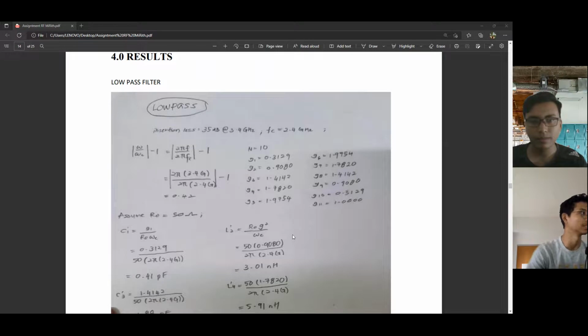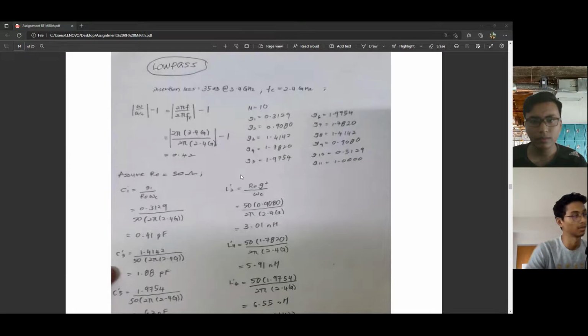For the calculation for the low pass filter, from the given information, we got insertion loss of 55 dB at 3.4 GHz, and the cut-off frequency is given as 2.4 GHz. So from the information, we need to find omega over omega c minus 1 so that we get the value of n.